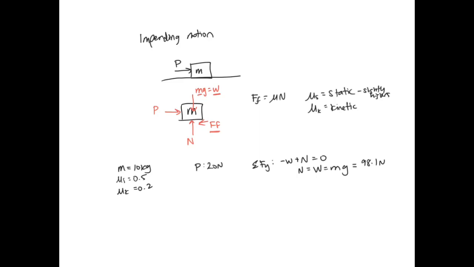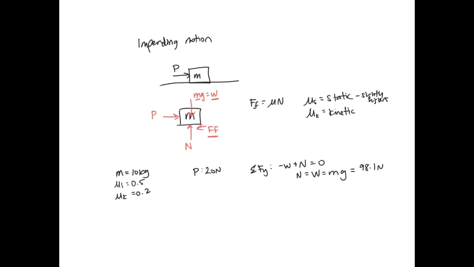Now we'll do summation of Fx, which is equal to mass times acceleration in the x direction. So then we would have P minus the force of friction is equal to mass times acceleration. Before we do this, we have to figure out if there is acceleration. So what we need to find out is, is P big enough to compensate any potential force of friction?